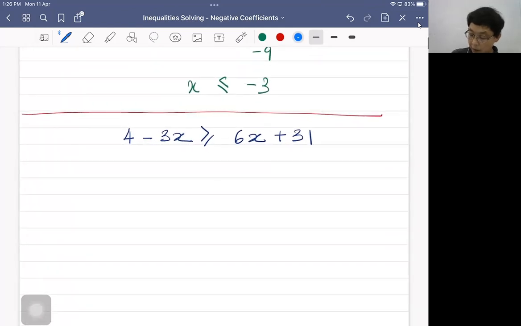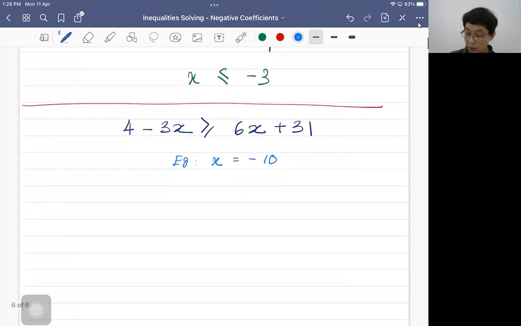Let's take x, for example, any number less than minus 3. Let's put in minus 10. Okay, so now let's substitute that. So 4 minus 3 with negative 10.